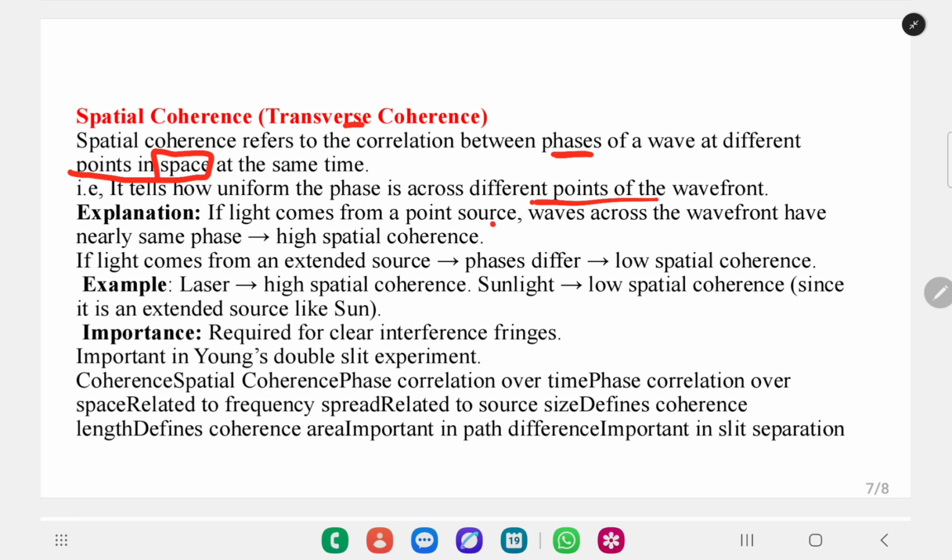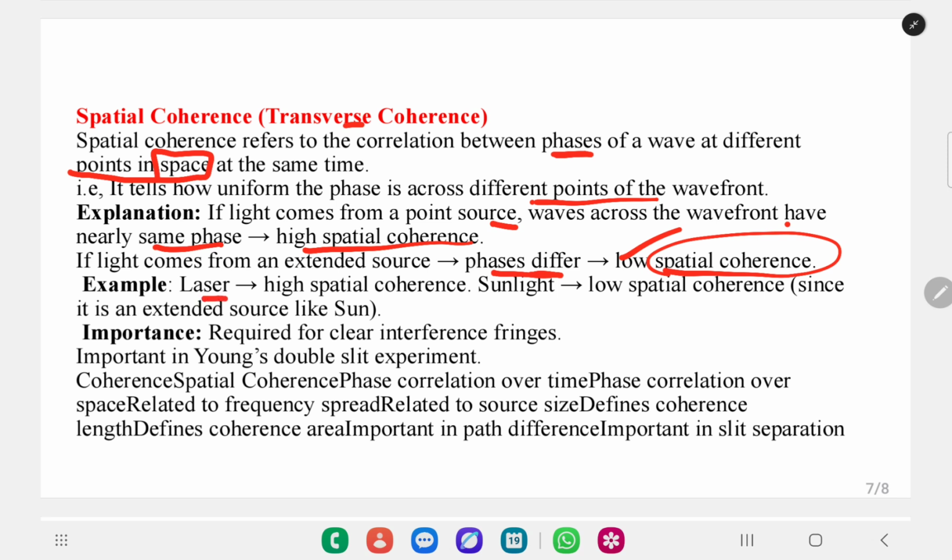If light comes from one point source, waves across the wavefront have nearly the same phase. That is high spatial coherence. If light comes from an extended source, very far, then the phases will differ and there will be low spatial coherence.